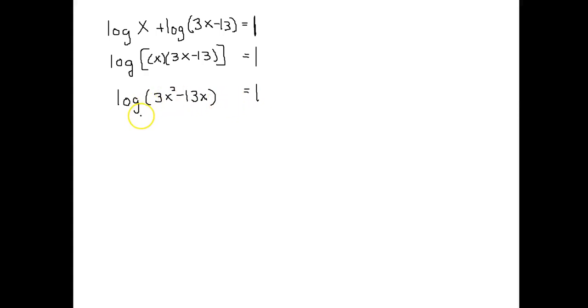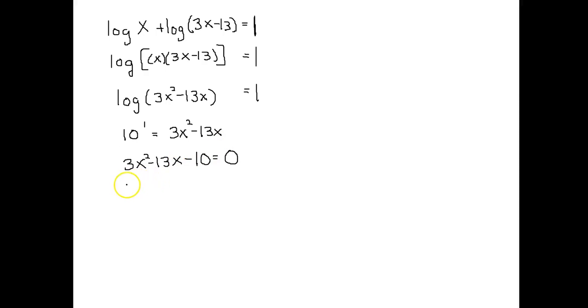Now that it's down to a single log, we can use our exponential form. It's log base 10, so 10 to the first equals 3x squared minus 13x. So 3x squared minus 13x, let's subtract that 10, to equal 0. So another lovely quadratic.